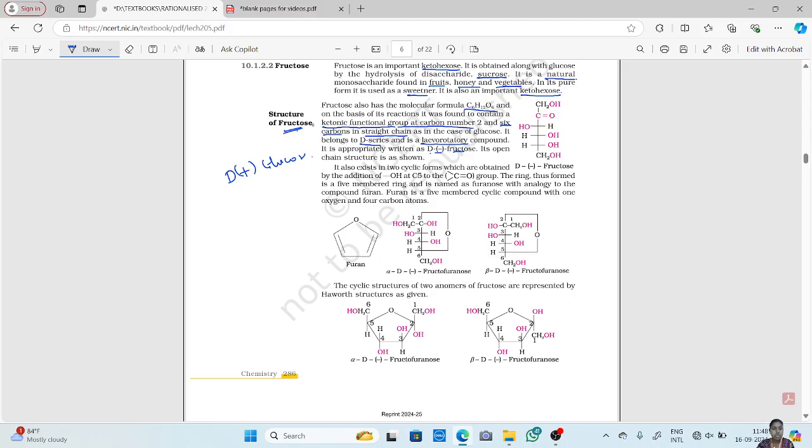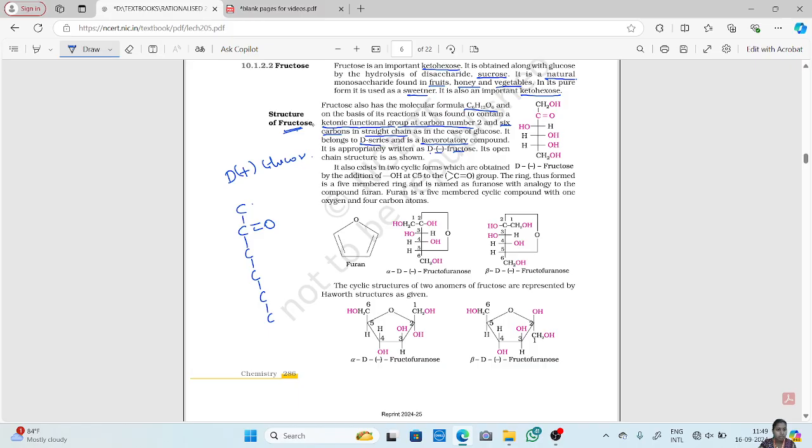Now this is the open chain structure of fructose. Let's write it. We again have 6 carbons: 1, 2, 3, 4, 5 and 6. By conducting various reactions we found that there is a ketonic functional group at the second carbon.